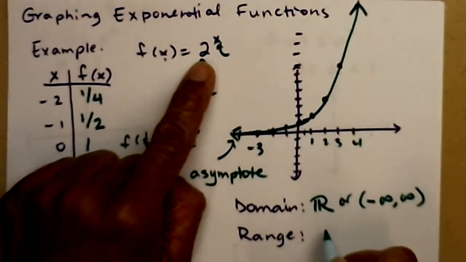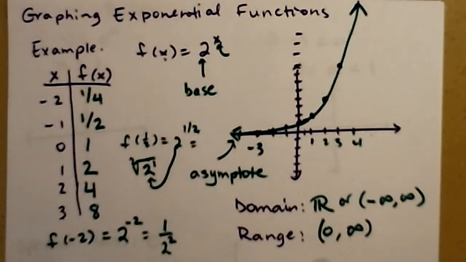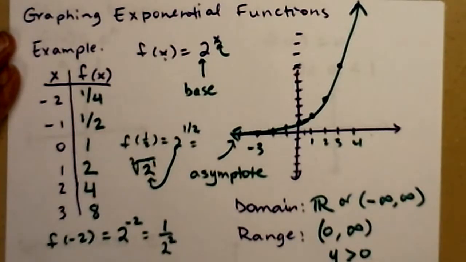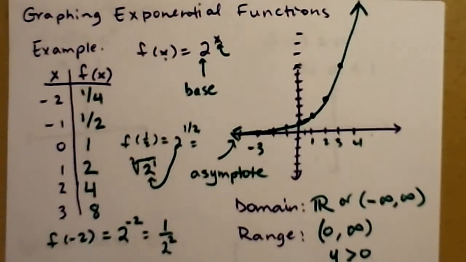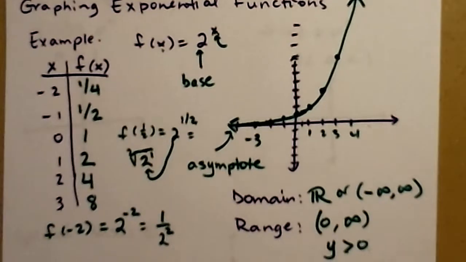So it is always bigger than 0 and not including. And remember, the interval notation way to say not including is the parenthesis. You might also use just y is greater than 0 for your range. So this is just a general exponential function graph. Like you might have done before, we can take this general graph and we can shift it.